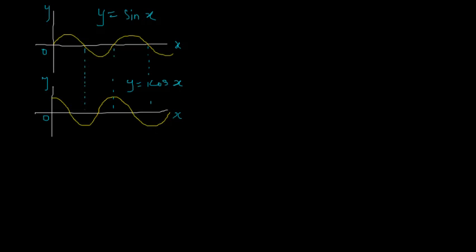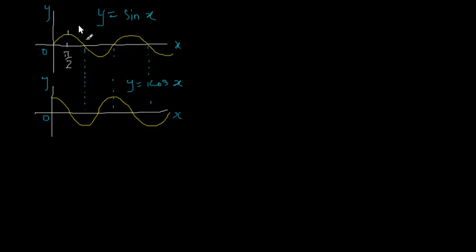So in radians, that would be, let's see, that's the peak of the sine function, and that's the peak of the cosine function down here. So that point is the 90 degree position, or in radians is pi over 2. That's the 90 degree position.